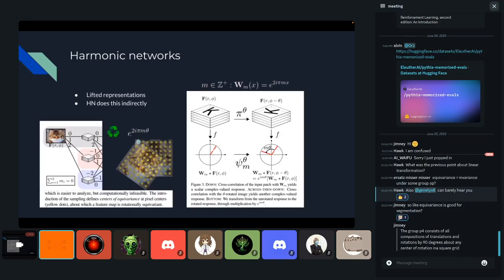If you have a zero order representation, then it just doesn't change at all if you rotate it. Like in our original image, if you rotate it around some pixel and take the value of that pixel, it doesn't change because it's the center of rotation. But at the first order, for example, you'll get it rotated by e to the pi i. So all rotations of the input will be reflected in the phase of our circular harmonic coefficient.